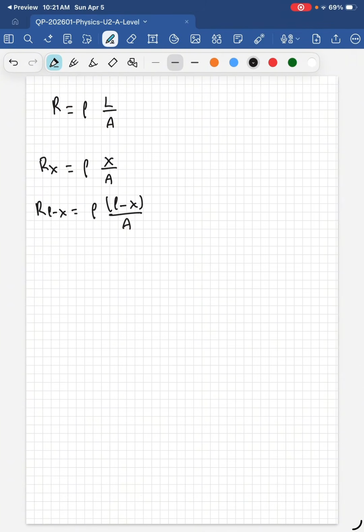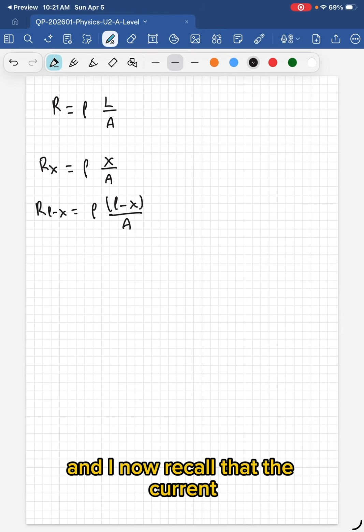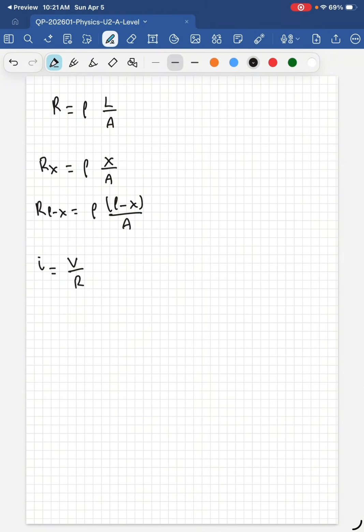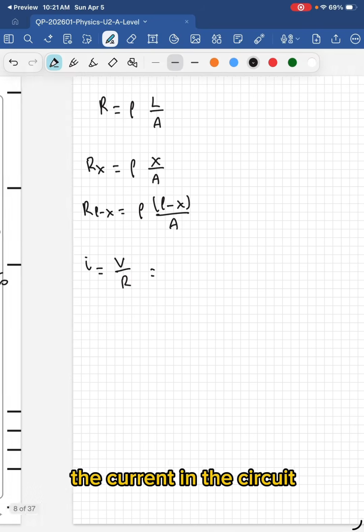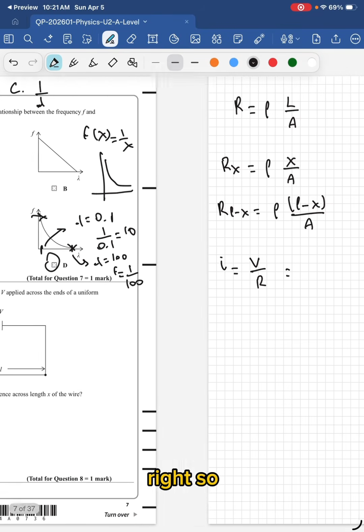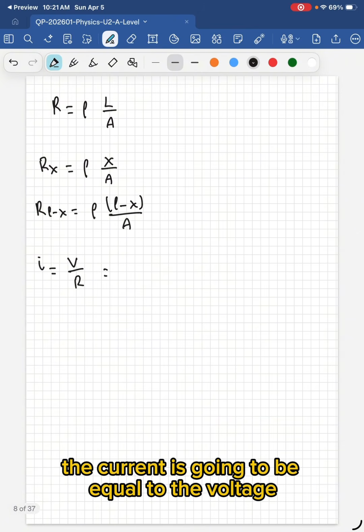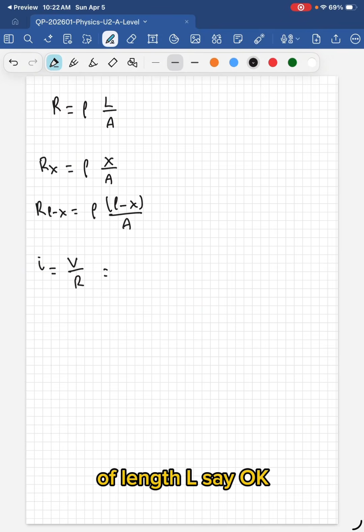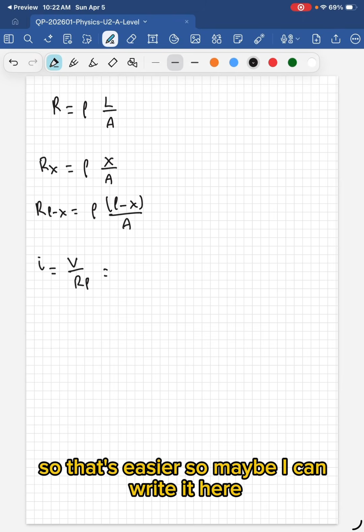Now recall that the current is going to be V over R. The current in the circuit, the whole piece has a length L, so the current is equal to the voltage over the resistance of the whole piece of wire of length L, so that's easier.